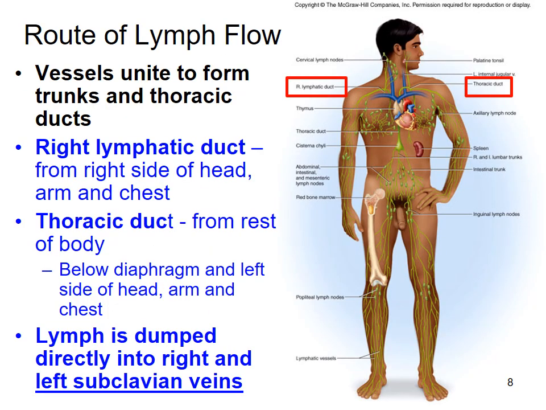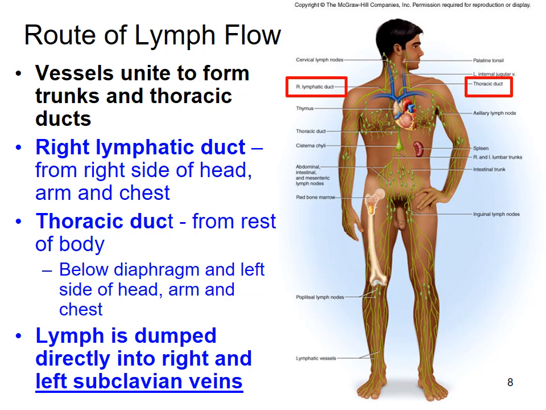Now, this illustration is trying to show you that as lymph flows through the capillaries, we're going to start aggregating it into larger structures within your lymphatic system. Take a look at the illustration, and you'll notice that down by the legs or the arms, you have lots of lymphatic vessels and lymphatic capillaries being labeled.